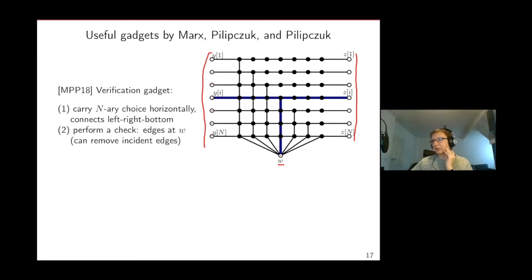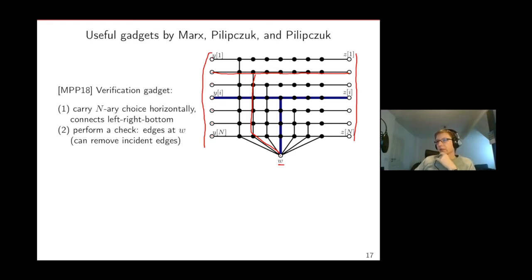So for example, the weight of this blue set will be the same as any other T shape. So I could also choose this one, for example. It would have exactly the same weight. But any other choice of connecting these would be more expensive.